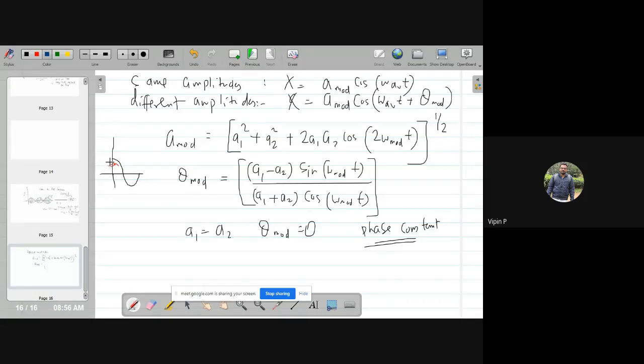A cos 0 equals A, so it should start from A. But if it has some phase value, it will start somewhere here and go something like this. I'll show both the figures.